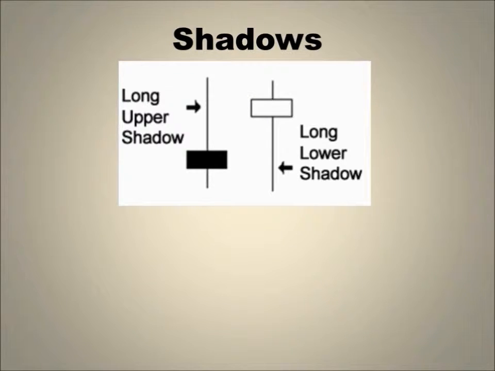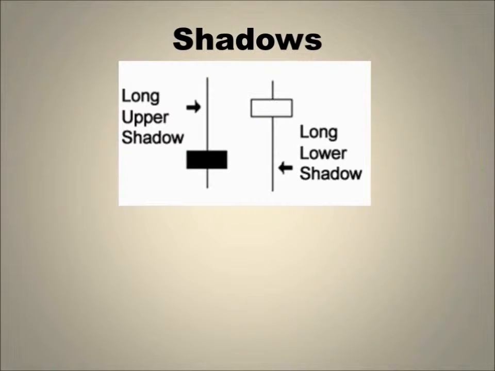So, let's talk about shadows. On the left, we have a bearish candle with a long upper shadow. This tells us that at one point during the trading session, the bulls were in charge and tried to raise the price as high as they could until the bears came in to push down the price.